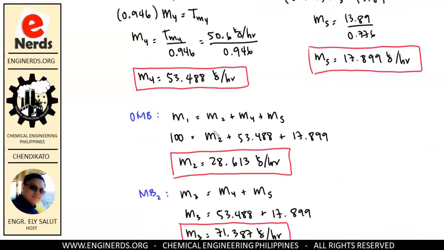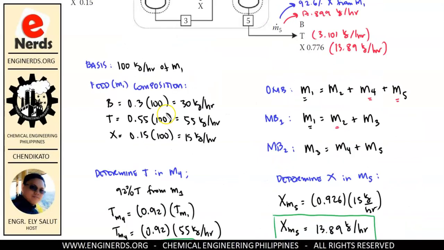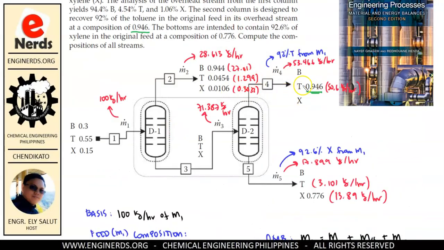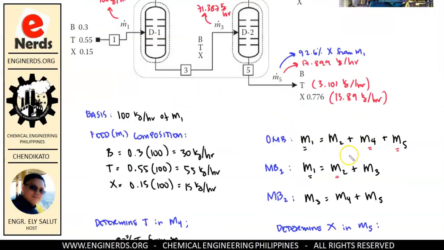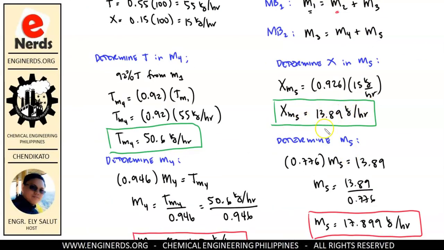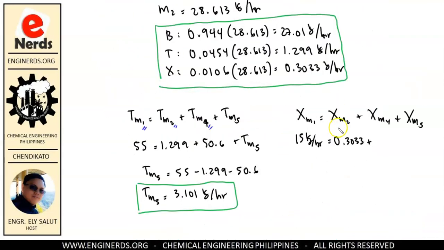Our silane in M4, okay, we don't know. Yan ang hinahanap natin. Now, we need to get the silane in M5, which is 13.89. So, X M4 plus 13.89. So, we can now solve for X M4. Our X M4 is equal to 15 minus 0.3033 minus 13.89.